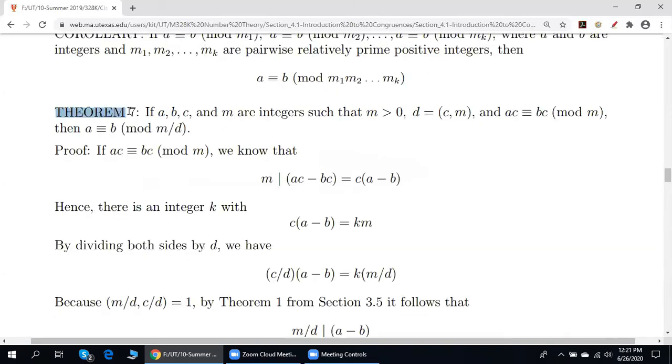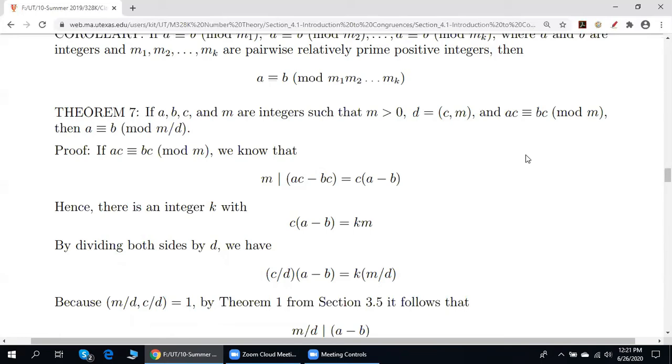Lastly, Theorem 7. A, B, C, and M are integers. M is greater than 0. Let us denote the greatest common divisor of C and M by D. If AC is congruent to BC modulo M, then A is congruent to B modulo M divided by D. Here is why this theorem is important.